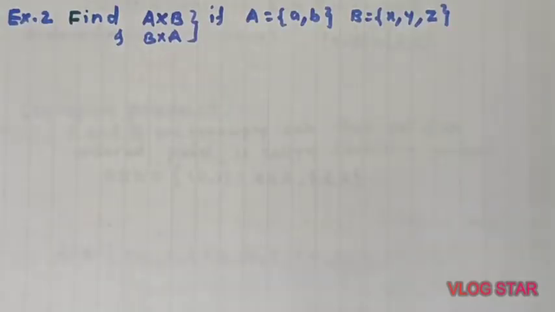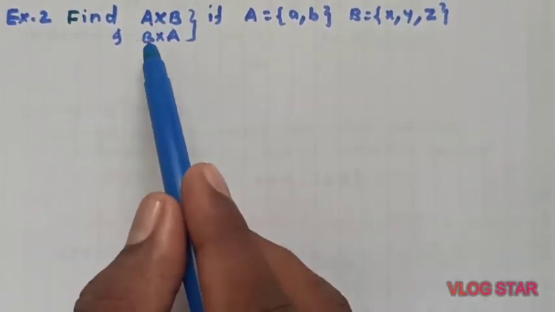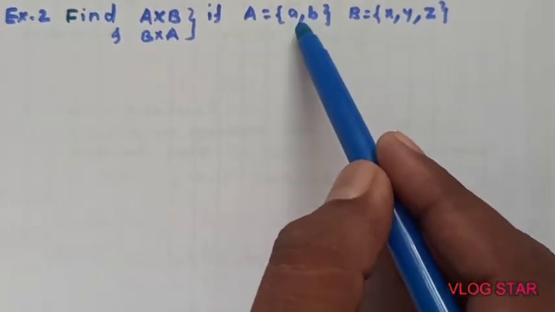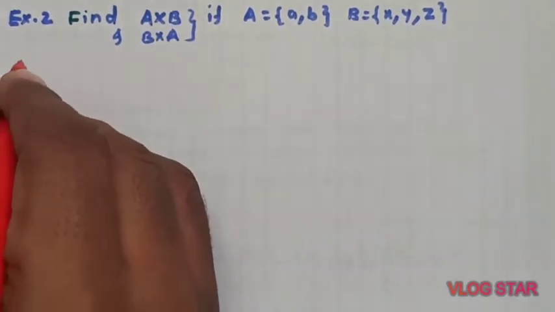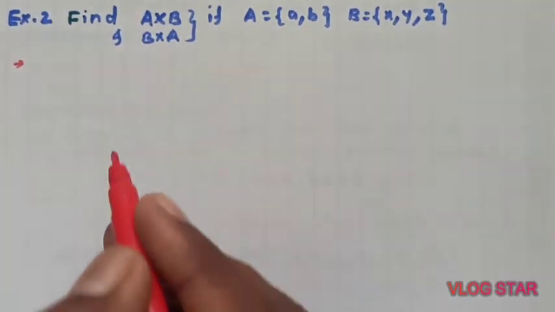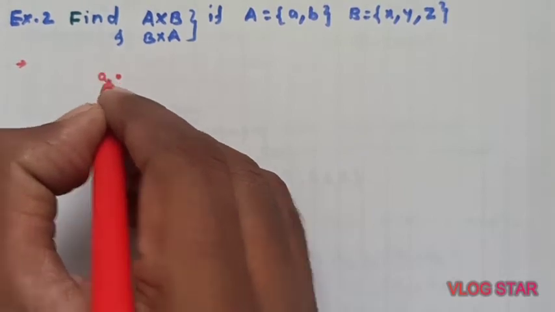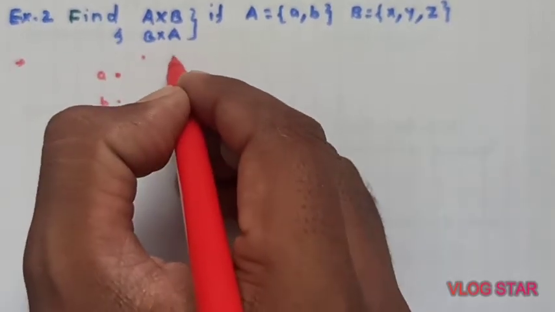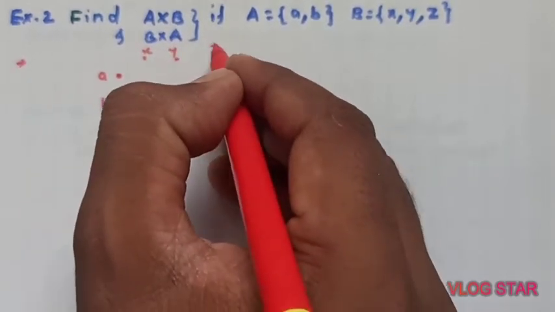Look at this question. Here we are supposed to find A cross B as well as B cross A. How to read it? Cartesian product of A and B and Cartesian product of B and A. For that we have a given set A which contains a, b and B which contains x, y, z. We can use a simple technique to find it. We'll take set A here. So set A contains 2 members, a and b, and set B contains 3 members, x, y, z.